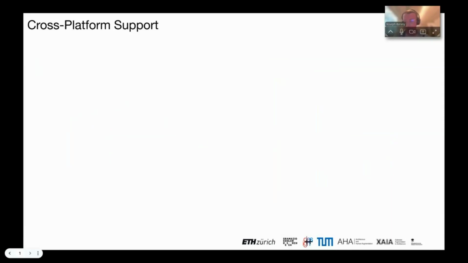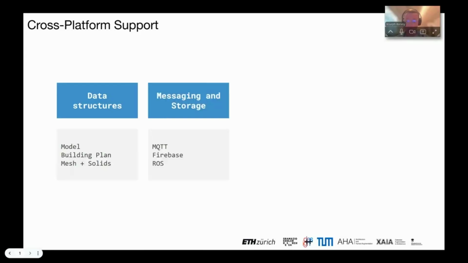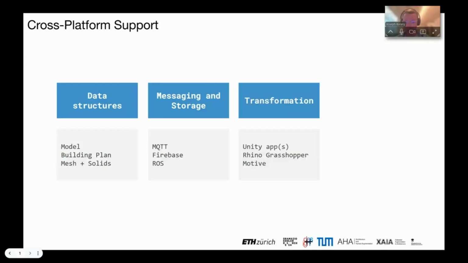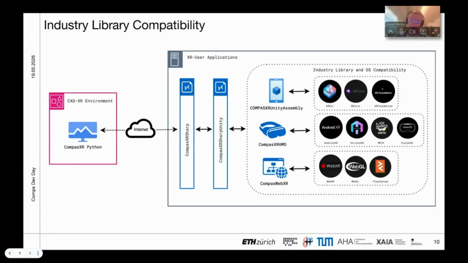The key components of COMPAS XR Sharp are to provide cross-platform support for things like COMPAS data structures, like the model, building plan, meshes, and solids; messaging and storage through infrastructures like MQTT, Firebase, and ROS; transformation across environments like Unity applications, Rhino Grasshopper, and Motive; and serialization through things like the COMPAS data interface, JSON support, and Google protocol buffers.